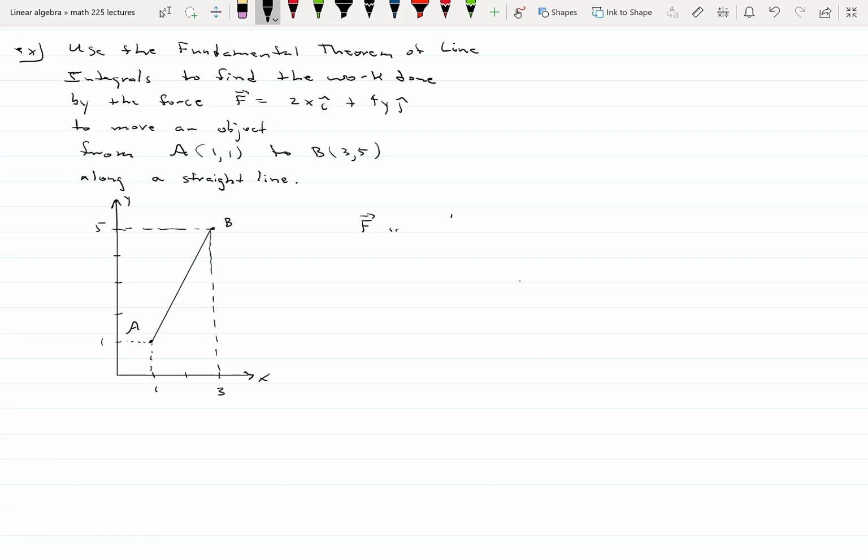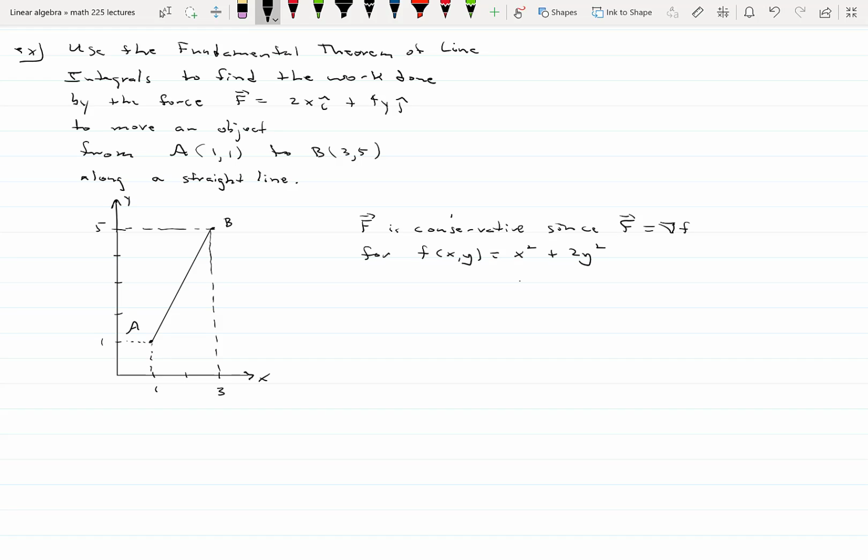So F is conservative, as we saw, since F equals the gradient of the scalar field f, for a potential function f(x, y) equals x squared plus 2y squared. Very soon we'll be looking at a very straightforward step-by-step method for finding a potential function.